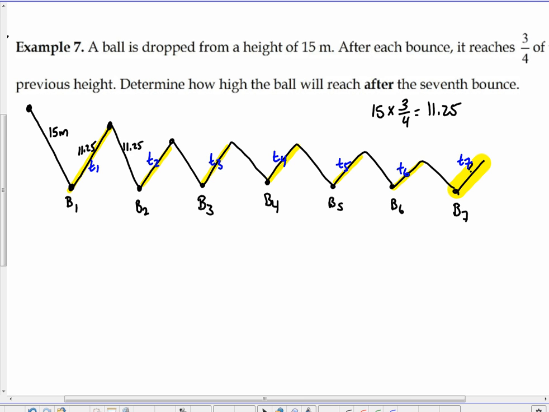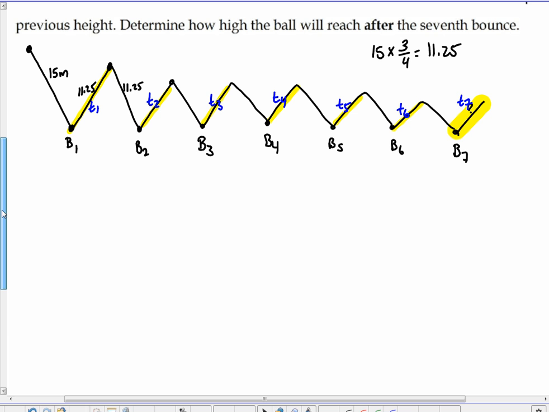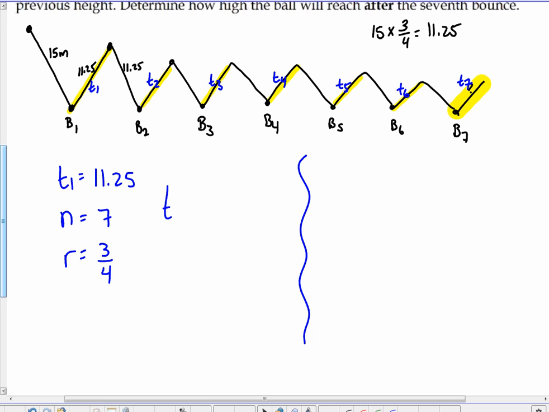Okay. So I will show you another way to solve this using 15 as your first term, but just hold tight, okay? So the first way to solve this is, we're going to make term 1 11.25. And because we're looking for term 7, that means n is equal to 7. Common ratio is 3/4, because it's 3/4 the previous height. Okay, so let's find T7.